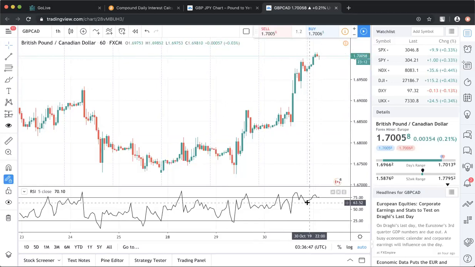But if the RSI is showing price going down, that tells you there's a discrepancy within the markets. That gives you an indication that something's about to happen. Based on history, when this happened, the chart goes in a certain direction. So that's giving you an indication to get into a trade.